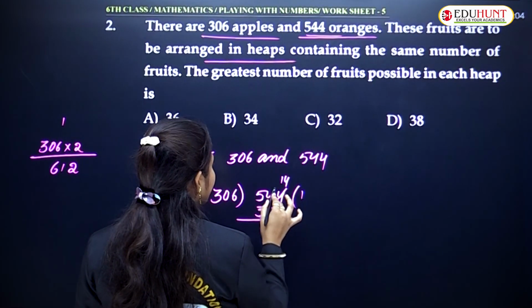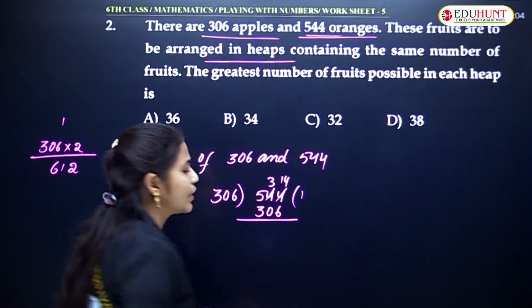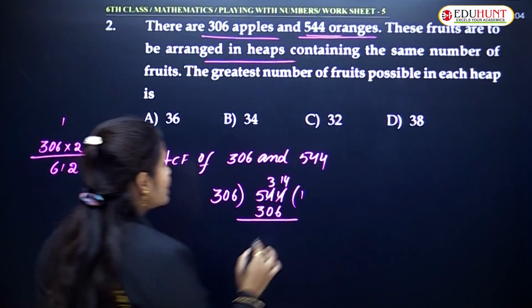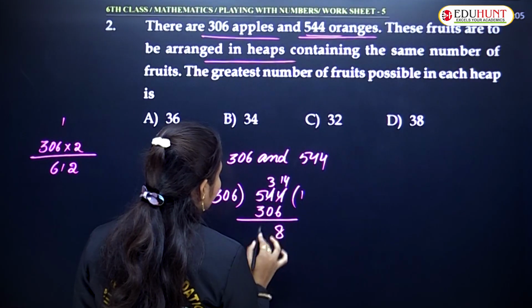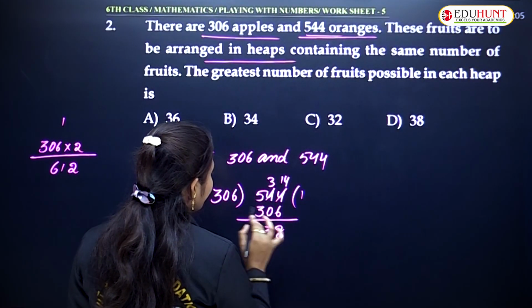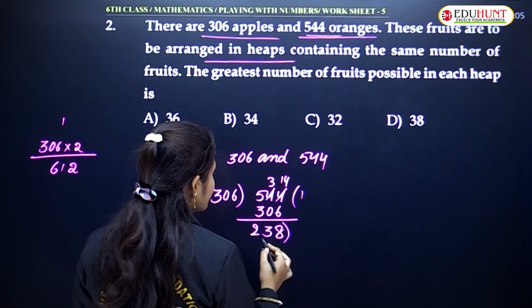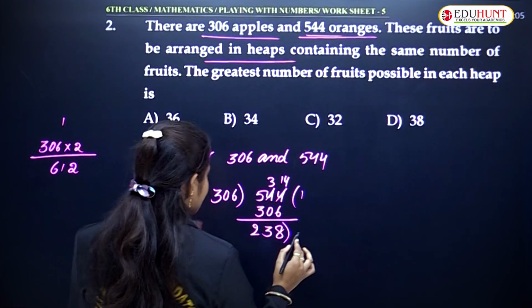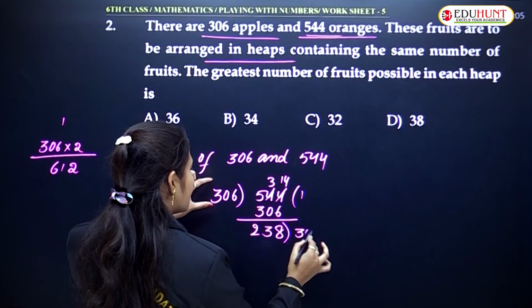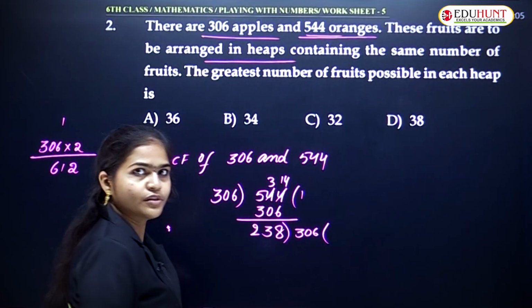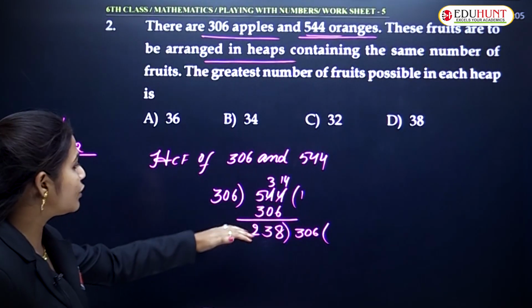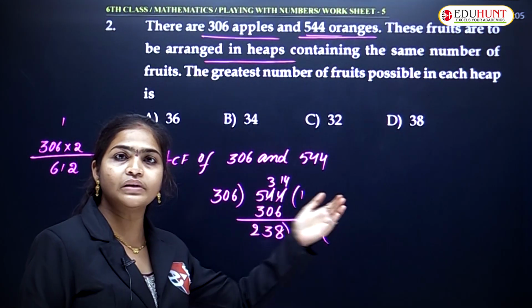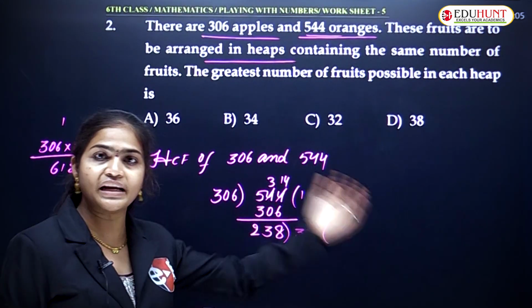Now 14 minus 6 equals 8. 3 minus 0 is 3. 5 minus 3 is 2. Understood? Now 238 becomes the divisor. And what is the dividend? The divisor becomes the dividend. Understood? Now if you take 238 into 2, you will get an answer which is in the 500s plus.